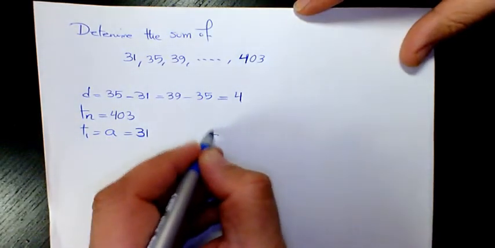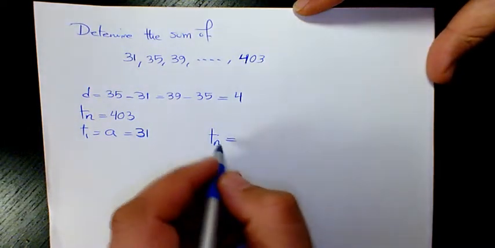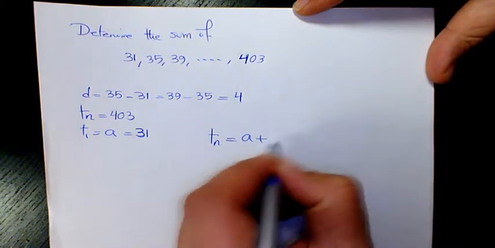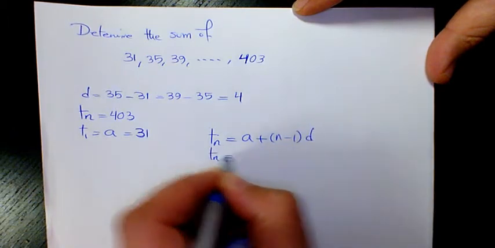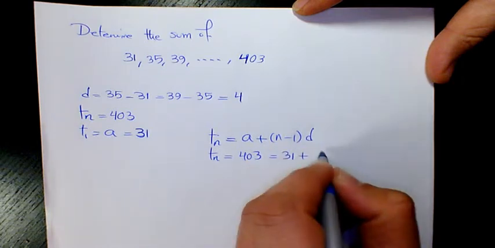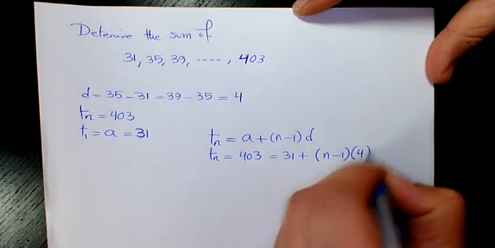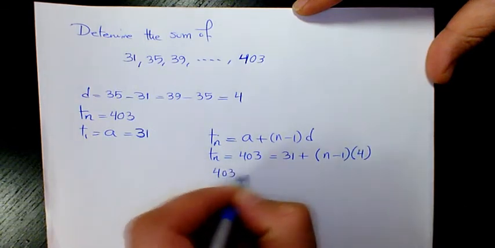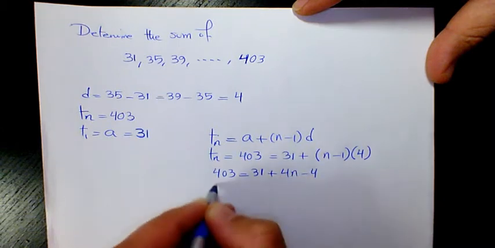So if we use the formula, the general term for arithmetic sequence, which is a plus (n minus 1) times d, we can say 403 equals 31 plus (n minus 1) times 4. So 403 equals 31 plus 4n minus 4.